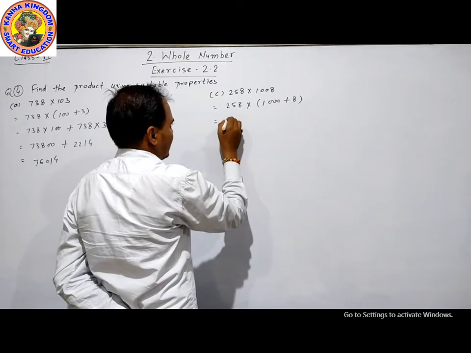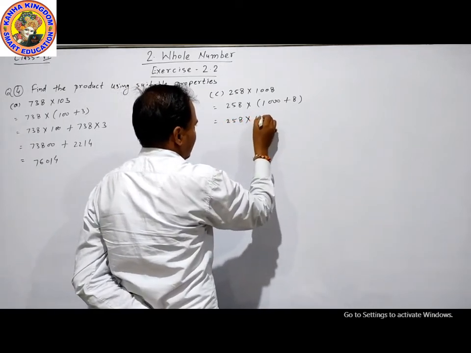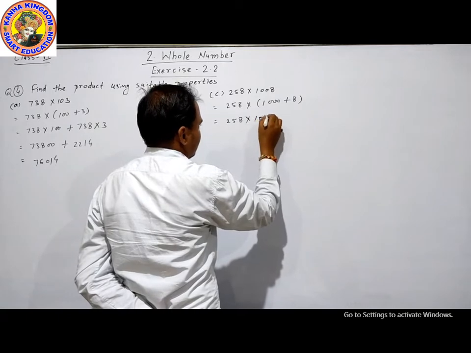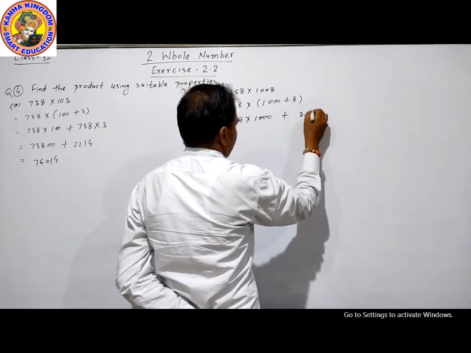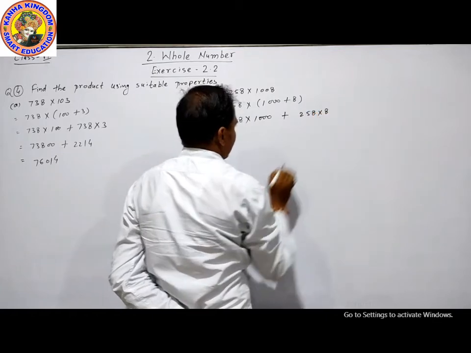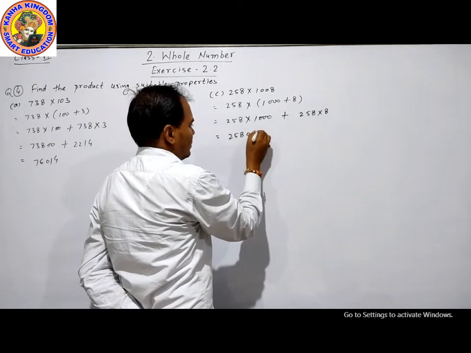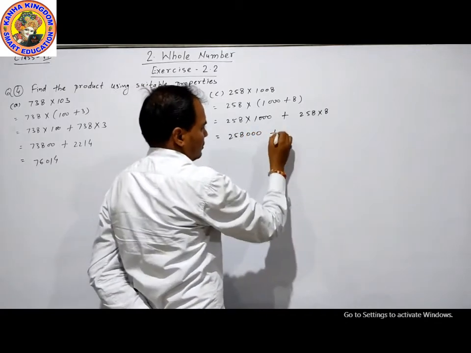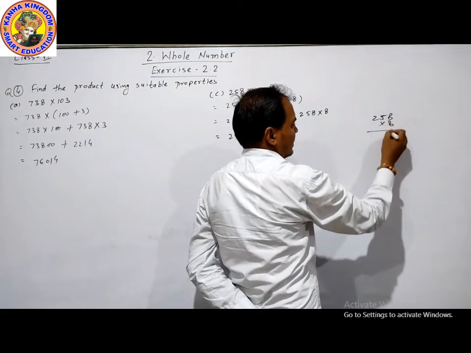Now opening the bracket. 258 multiply by 1000, then plus 258 multiply by 8. 258000, then plus 258 multiply by 8.